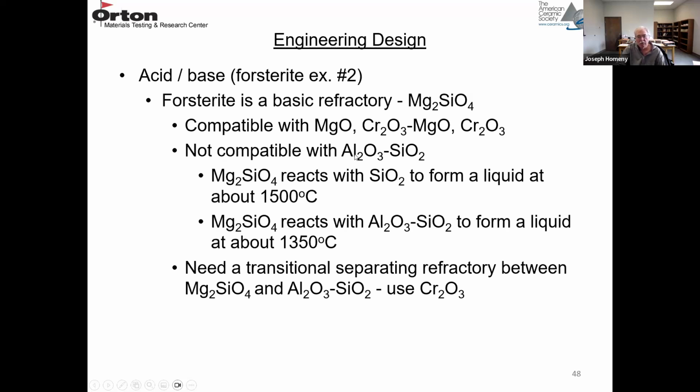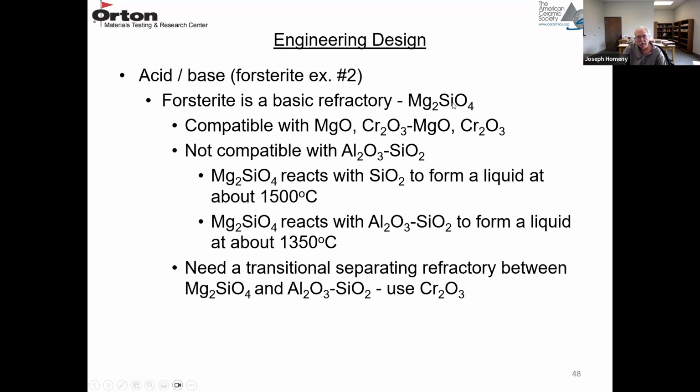But it's not compatible with alumina silica refractories because they tend to be acidic because of the SiO2 content. So MgO, Mg2SiO4 phosphorite reacts with silica to form liquids as low as 1500 degrees C, and then Mg2SiO4 phosphorite reacts with alumina silica refractories to form liquids as low as 1350 degrees C.